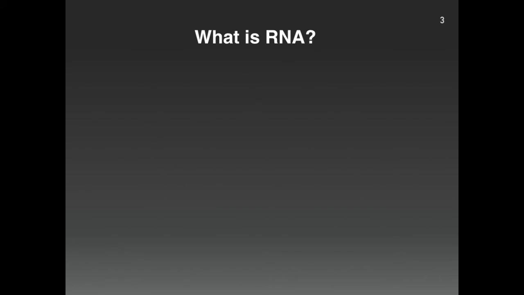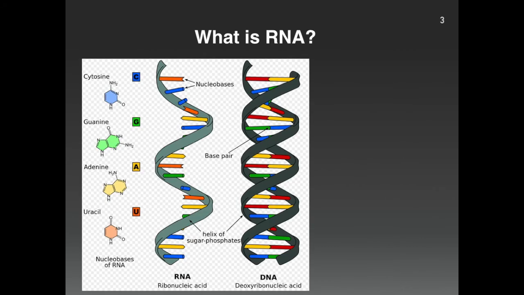Let's have a look at what is a RNA. I just said that the coronavirus contains a RNA. RNA means ribonucleic acid. And this is basically a large, complex molecule which carries genetic information. So let's have a look here on this picture.